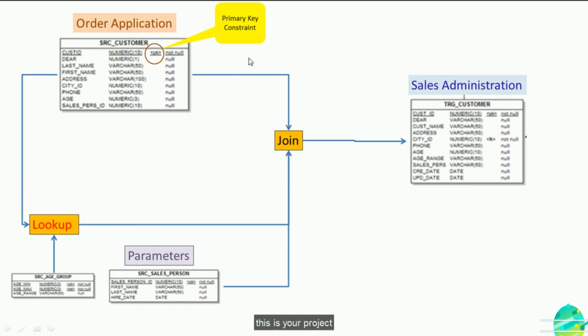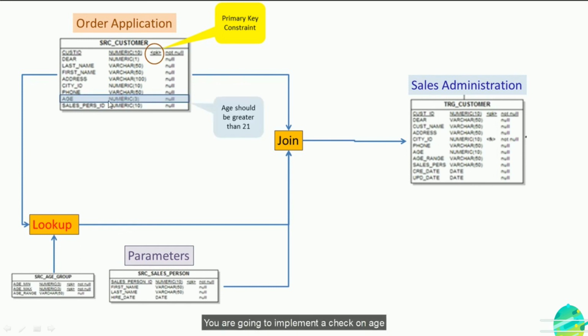This is your project. You are going to implement a check on customer age. You are going to put a constraint that the customer should be older than 21 years old. Consider it as a business requirement.